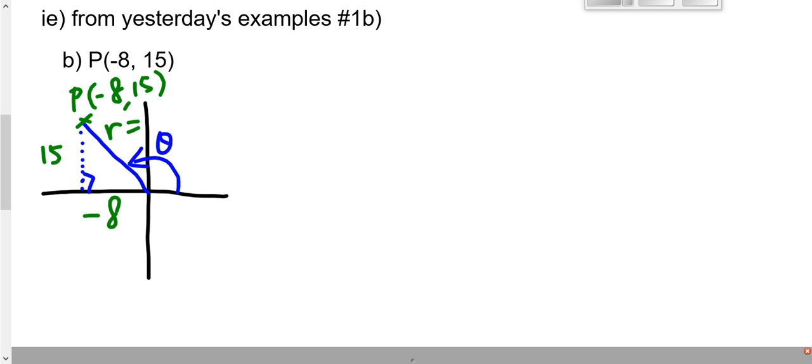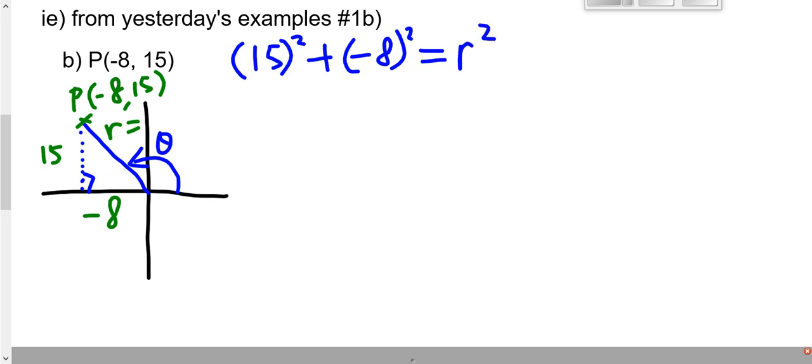We're going to apply the Pythagorean theorem. We did this one last day, so I'm going to go a bit fast. a squared plus b squared equals c squared. So 15 squared plus (-8) squared equals r squared. 15 squared is 225. (-8) squared gives you 64.